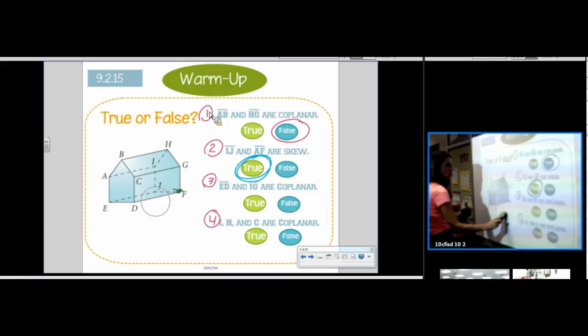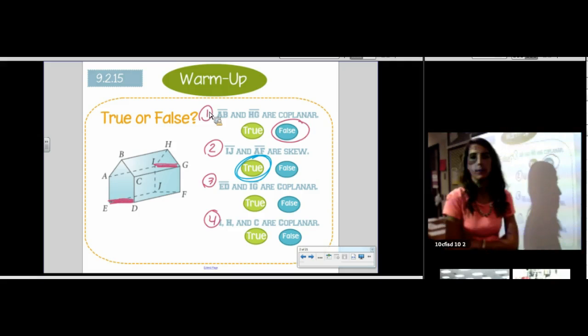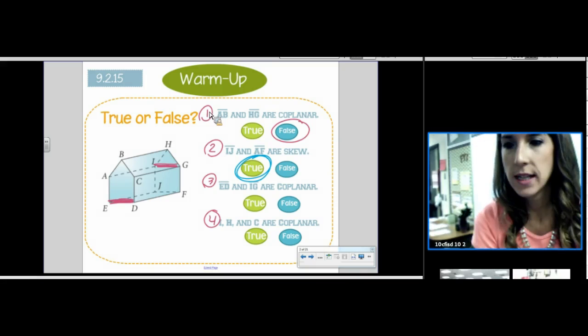ED and IG are coplanar. ED and IG. What's the answer to number 3?